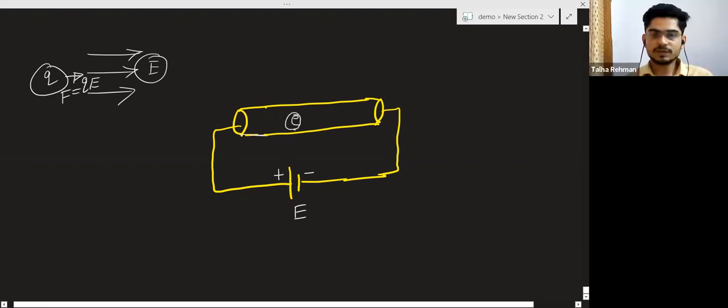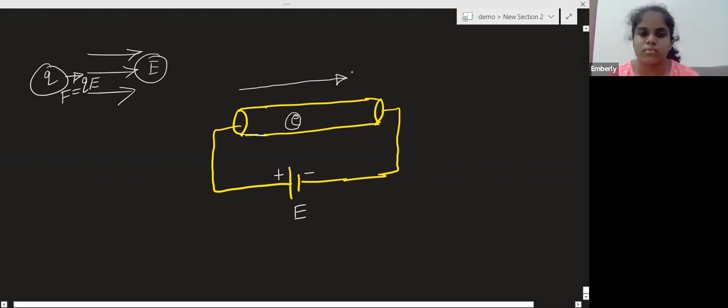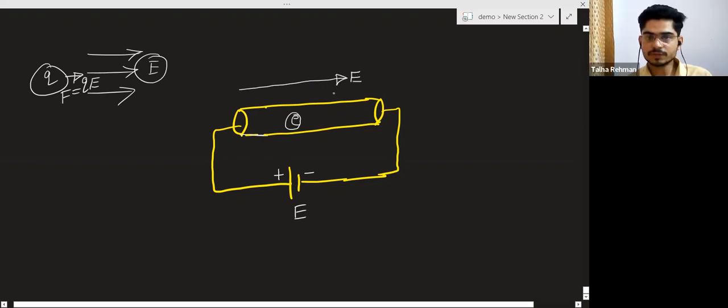What is happening here? This is the electron. Electric field is from positive to negative like this, and the electron will move in this direction. The direction of current is in this direction, due to the direction of the electric field.